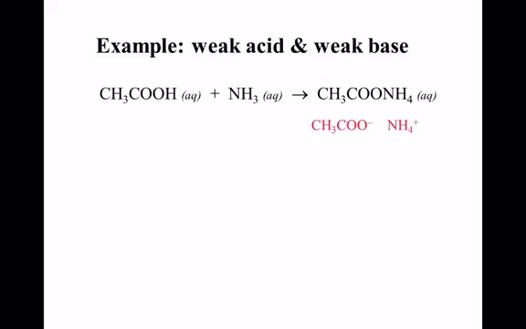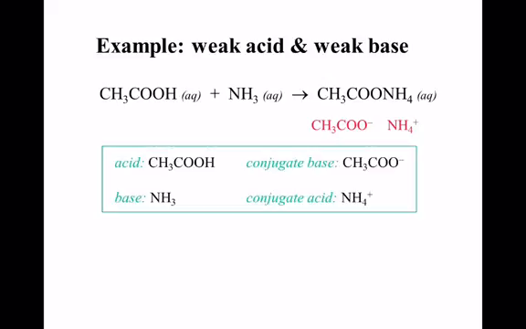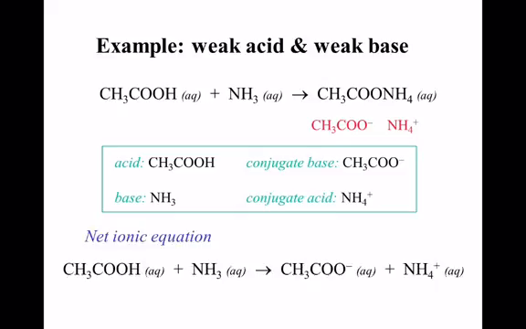So acetic acid and ammonia, examples we had before, both weak acid and weak base respectively. Conjugate acid-base pairs, and the net ionic equation doesn't have anything taken out. So that's kind of the background of it. That's kind of the bird's eye view.